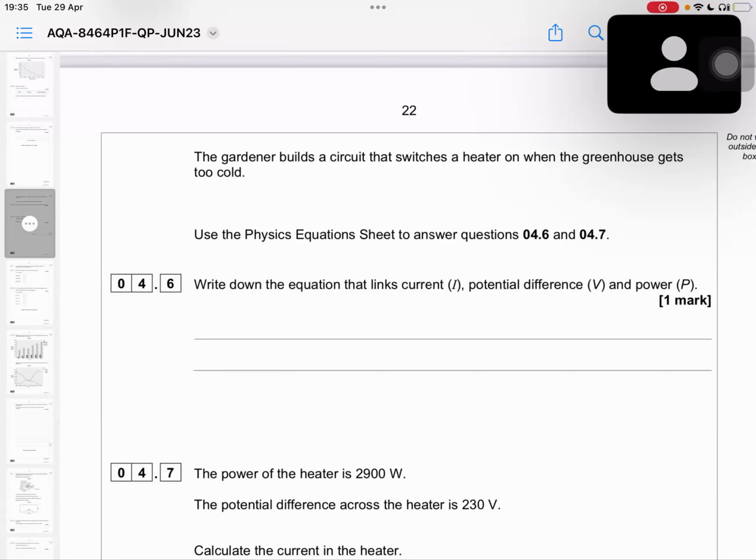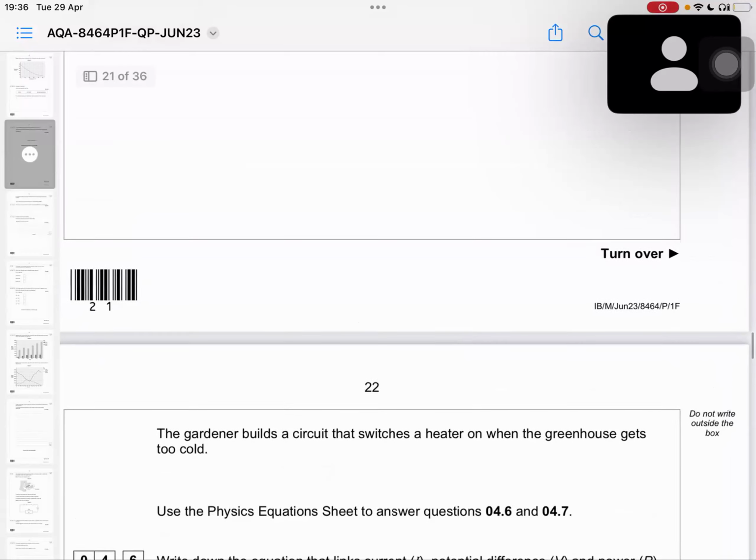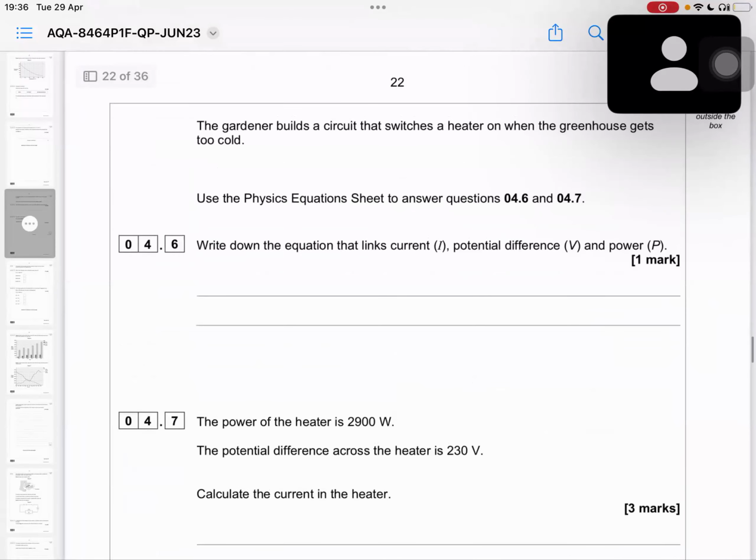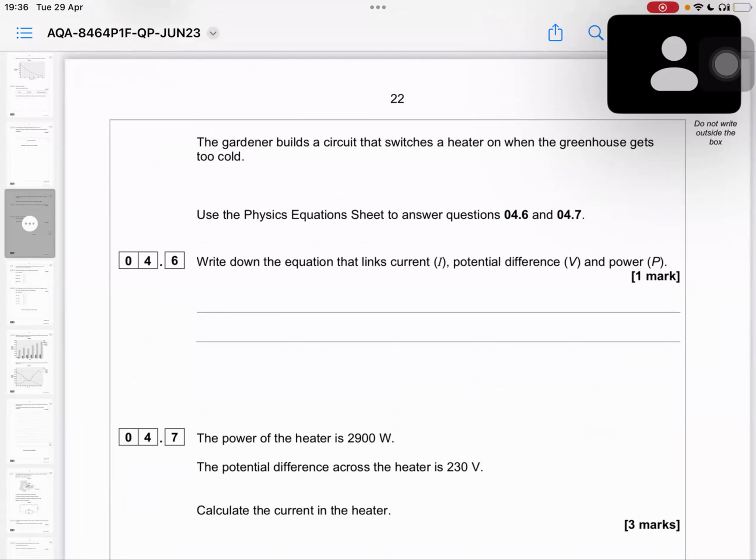So P equals I times V. What's the value for power from the question again? The watts, the number of watts. What's the number of watts?